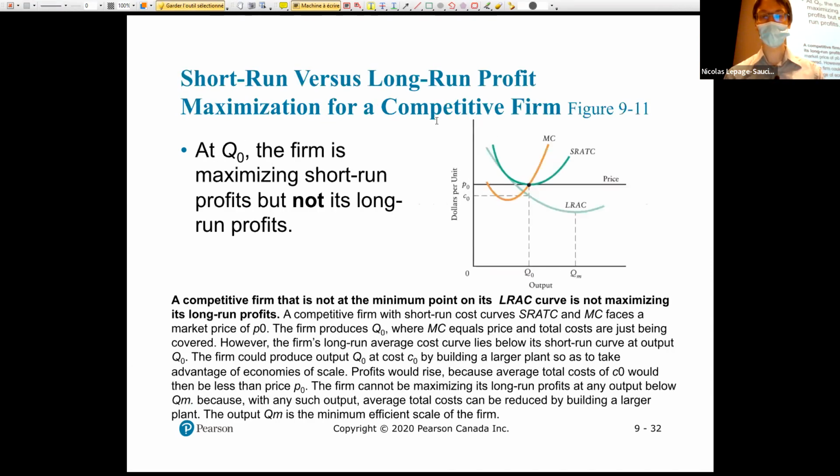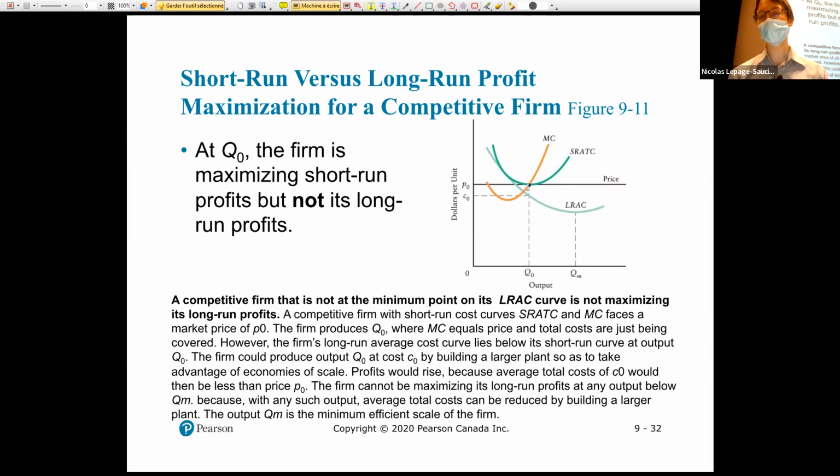So this is what would happen in the long run. This is a short run situation in which the short run average total cost is equal to the marginal cost. But you can see that the short run average total cost is above the long run average cost. What does that mean?